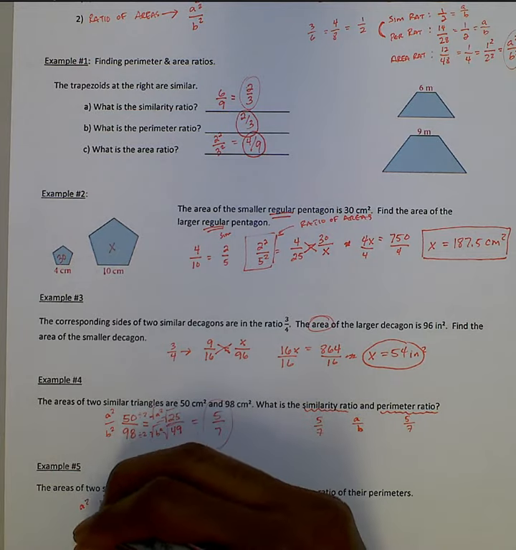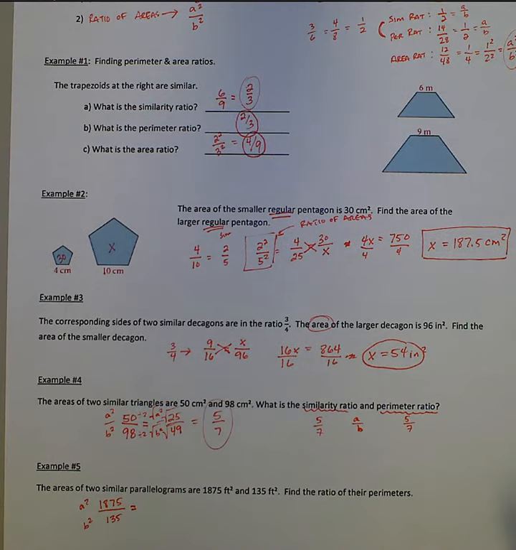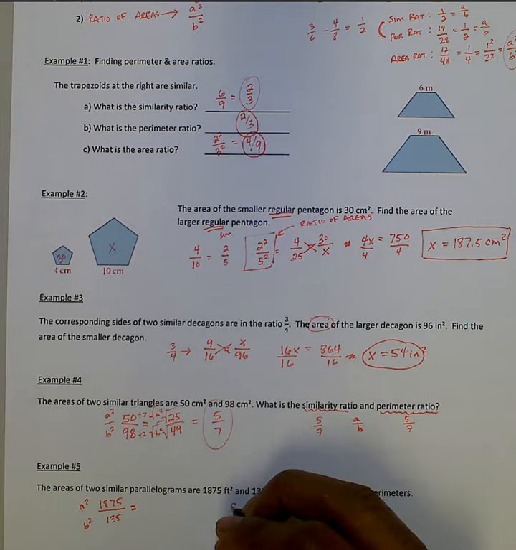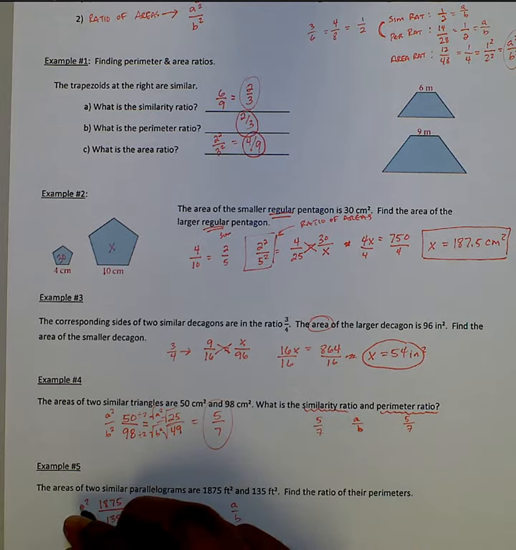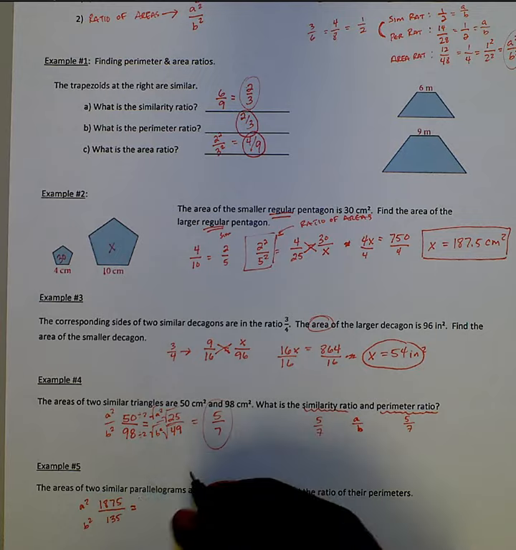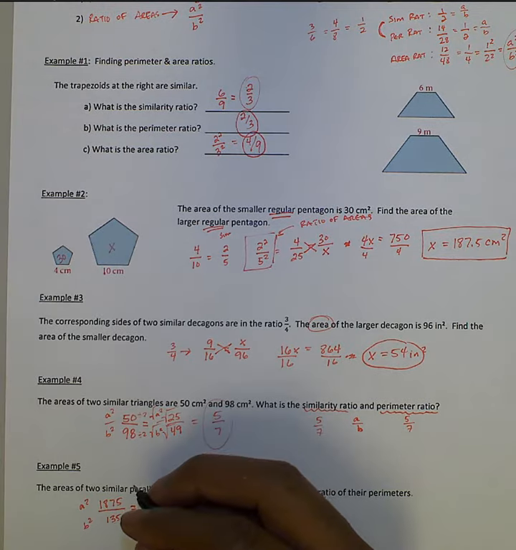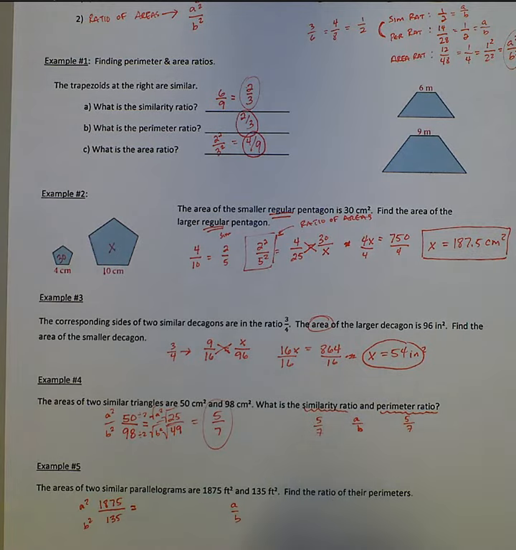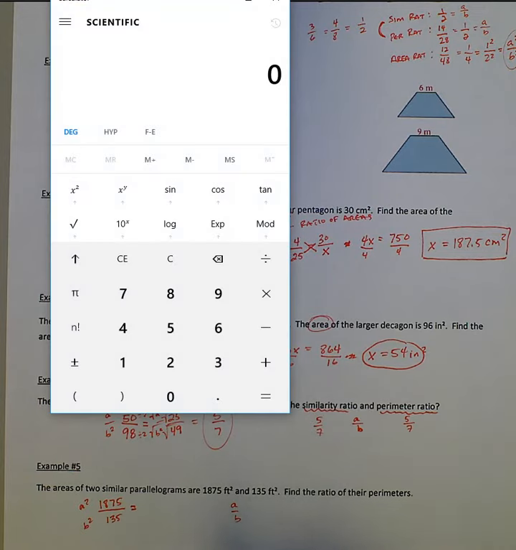I know that the ratio of their areas should be this. The ratio of their perimeters is going to be a over b. So I know I'm going to have to take the square root to get from here to here. But I want to simplify these numbers because taking the square root of smaller numbers is usually easier. So, let me bring up my handy dandy calculator.